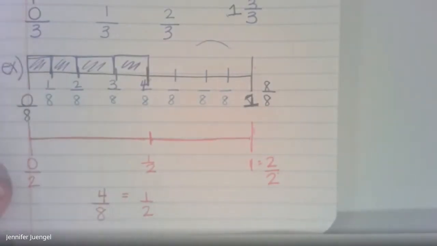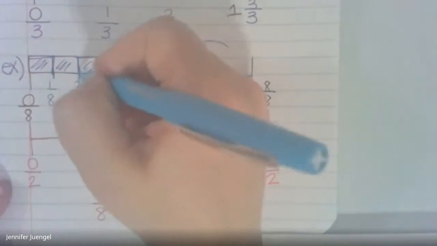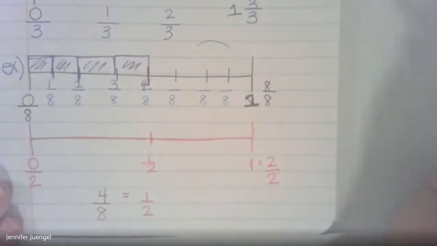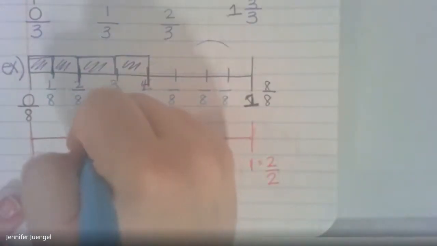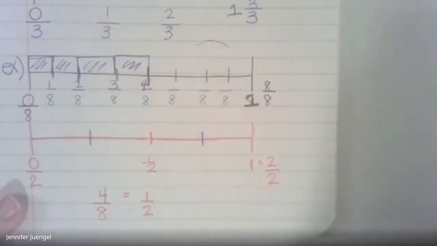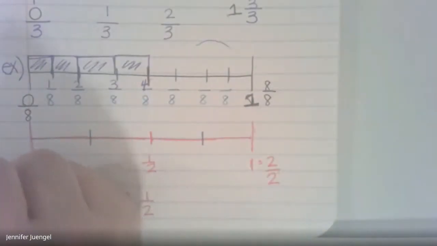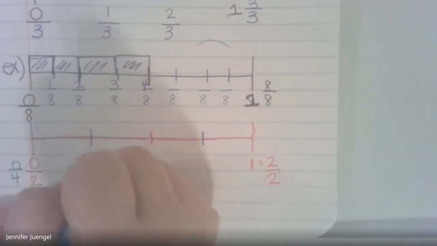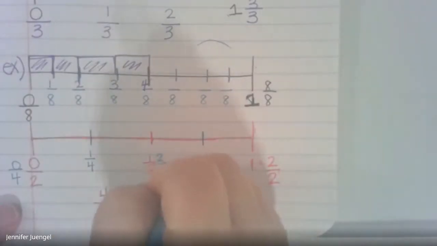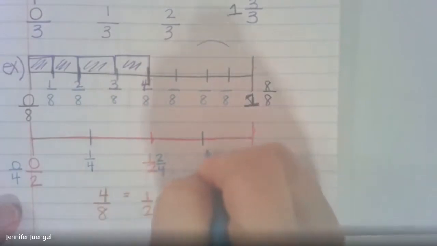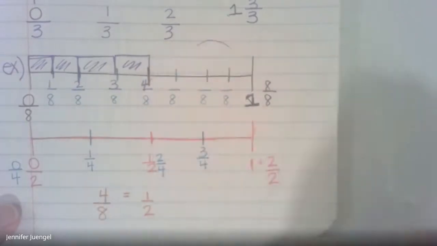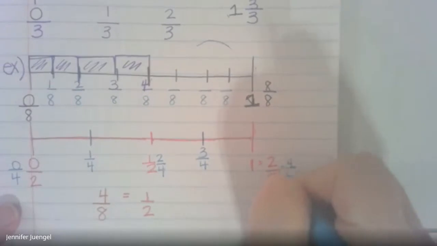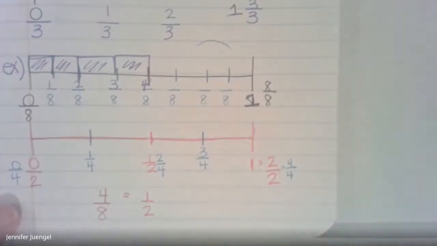It also shows me that when I mark 2 eighths on my number line, if I were to break this number line into 4 parts possible, then this would be 0 out of 4 parts, 1 out of 4 parts, 2 out of 4 parts, 3 out of 4 parts, 4 out of 4 parts, and look what we just found.